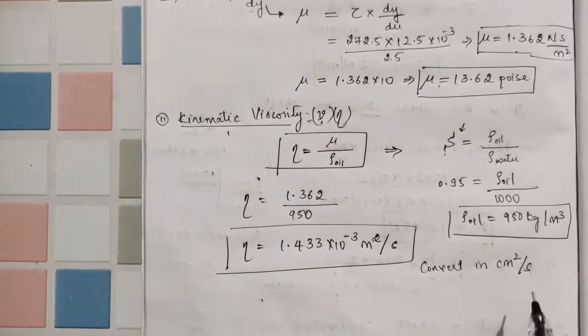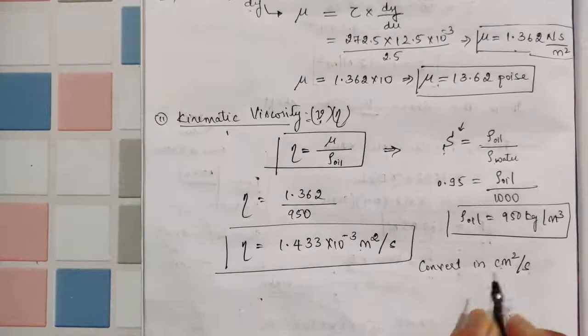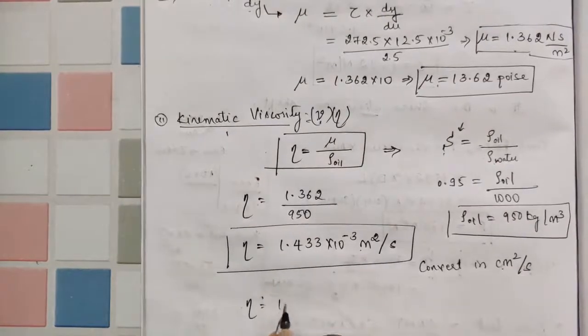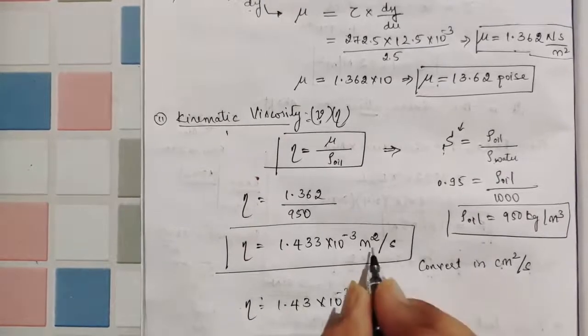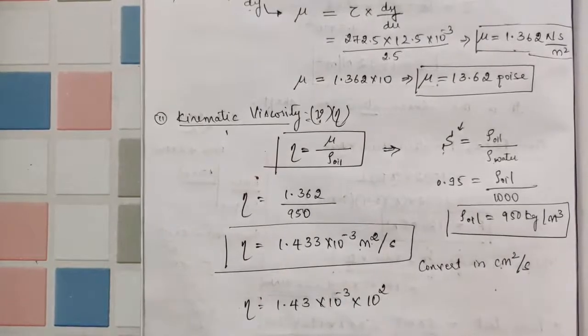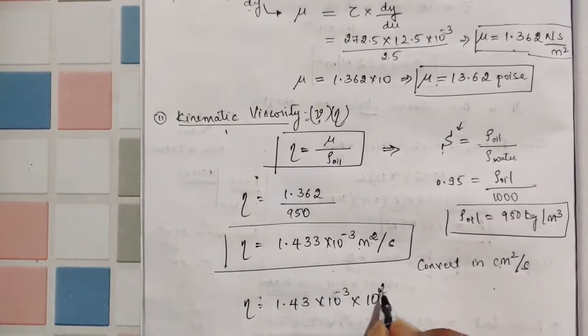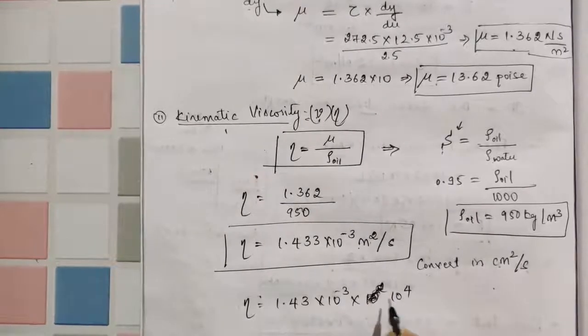So what do we have to do to convert? It is in meter square. We have to convert to centimeter square. So eta is equal to 1.43 into 10 power minus 3 meter square. If you multiply with 10 to the power of 4.